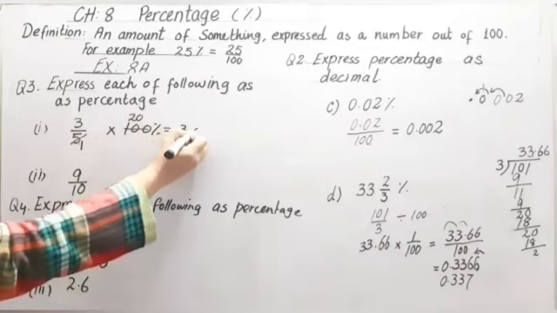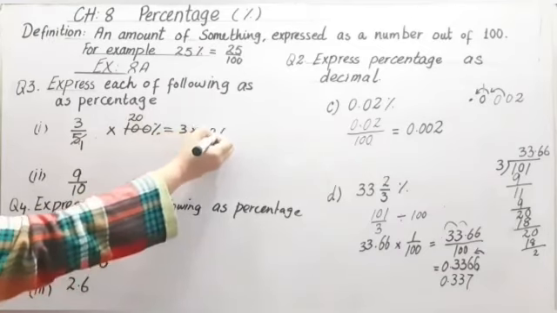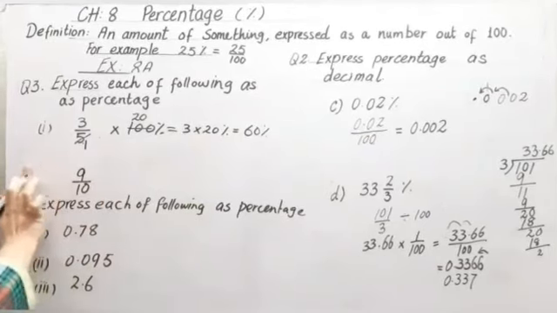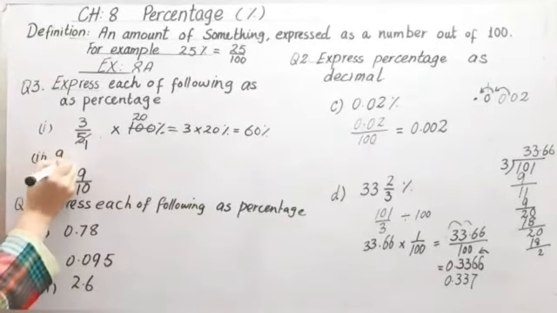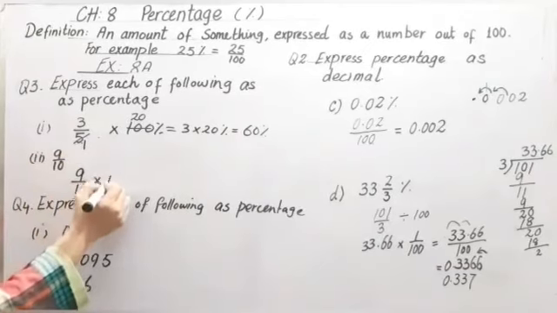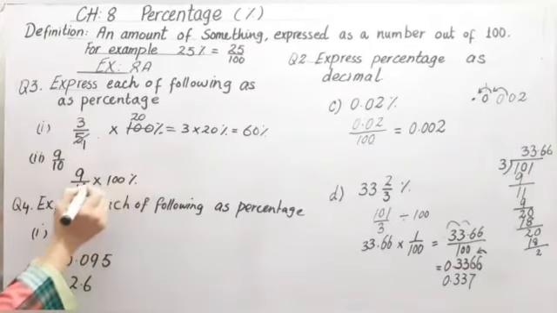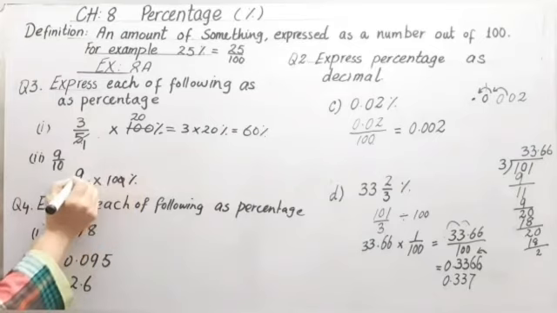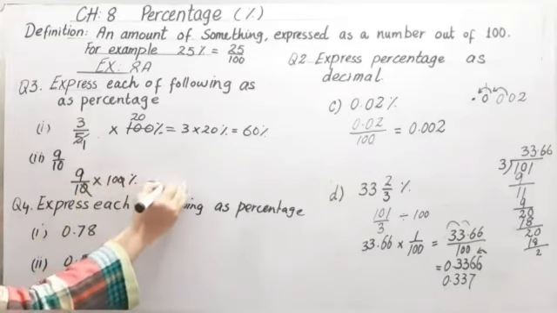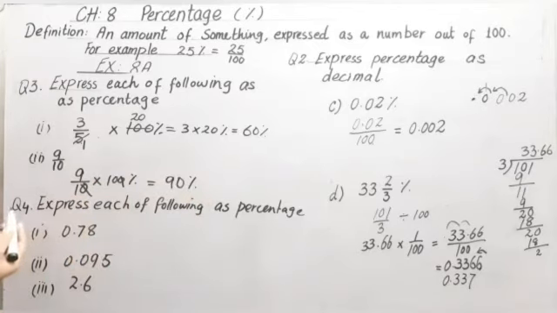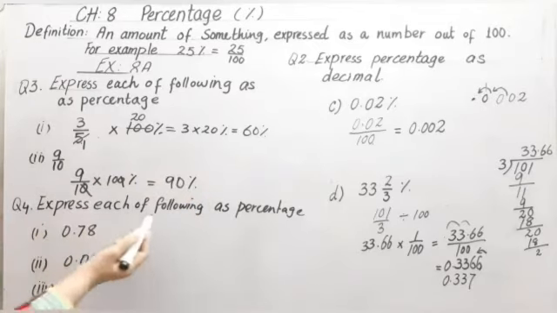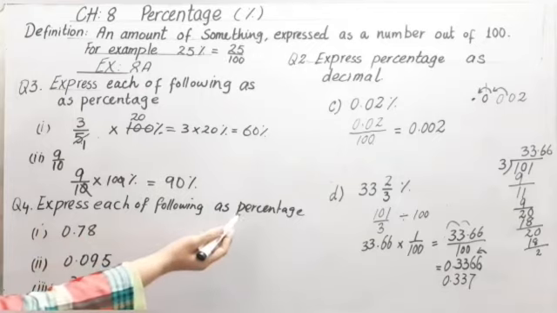We have now 3 into 20%, and our answer is 60%. In the same way, if our question is 9 by 10 and we multiply it with 100%, we cut the 0 with 10, and 9 multiplied by 10%, it will be 90%.